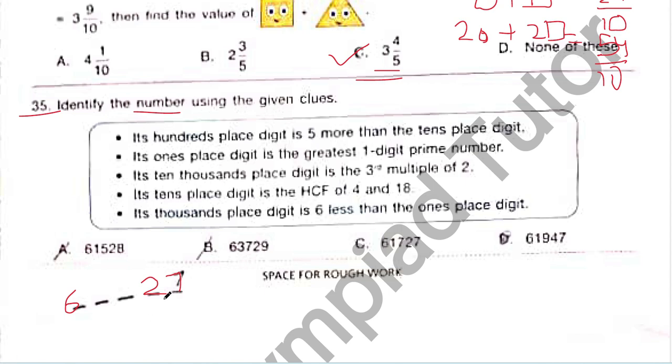Tens place is 2, so 100 place is 5 more than 2, that is 7, so it should be 7 here. We also have to use this clue: its 1000 place digit is 6 less than the ones place digit. Ones place digit is 7, 6 less than that is 1, which is the 1000 place digit. So the number is 61727, which is option C here.